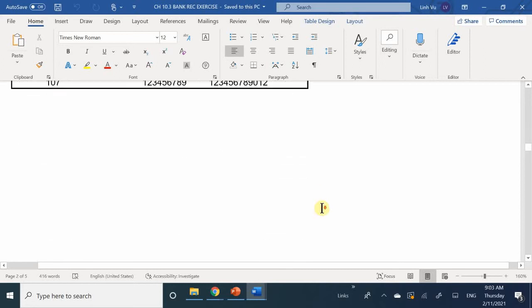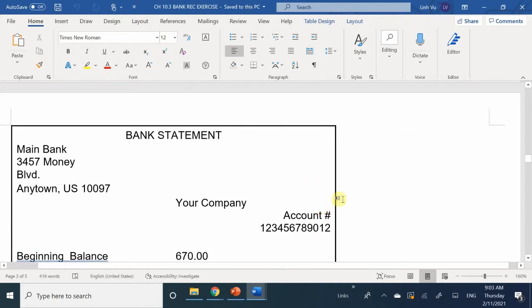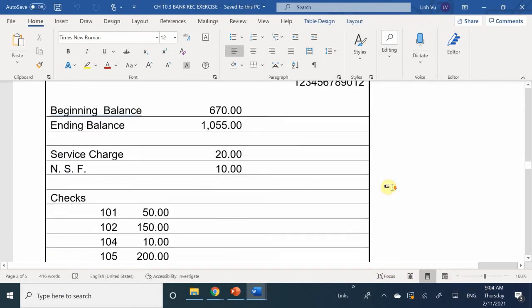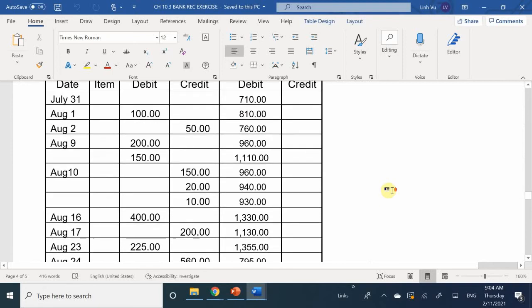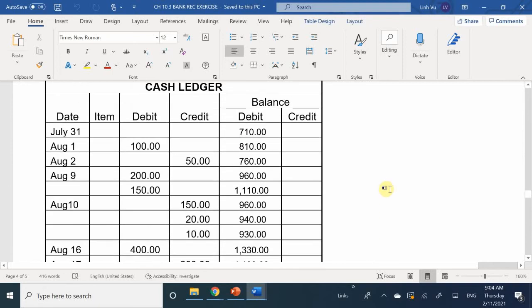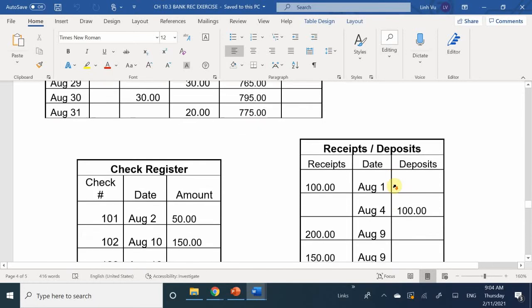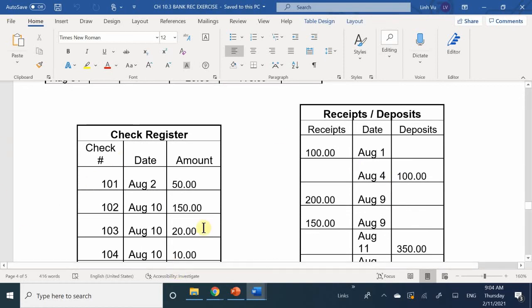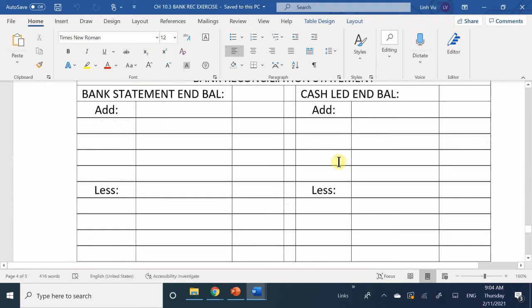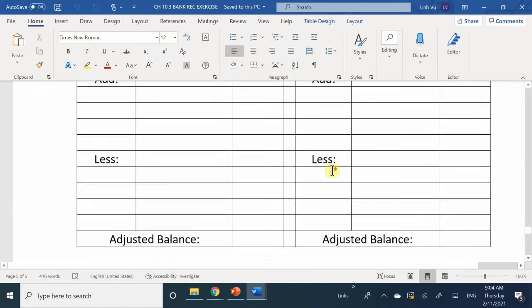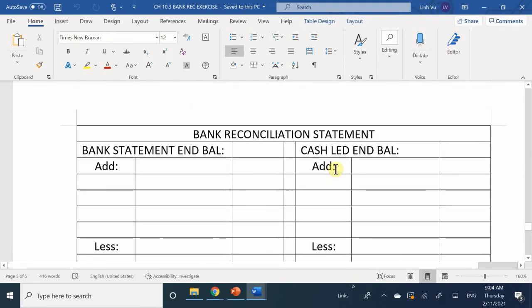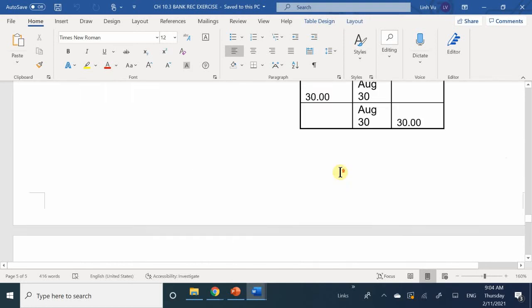As we scroll down, we have our bank statement, then our cash ledger or checking ledger, whatever you want to call it. Underneath that is our check register as well as our deposit slips. And here is the table I was talking about, more or less the same, just not colored. All right, so let's go ahead and do problem 1 and figure it out.